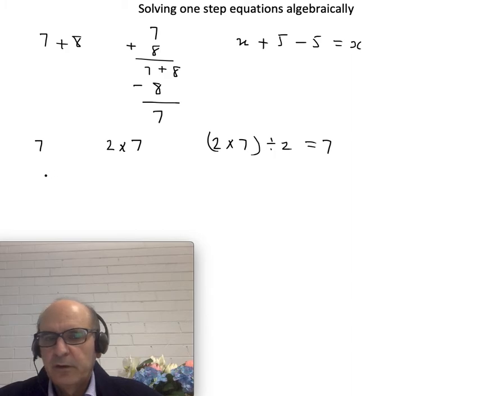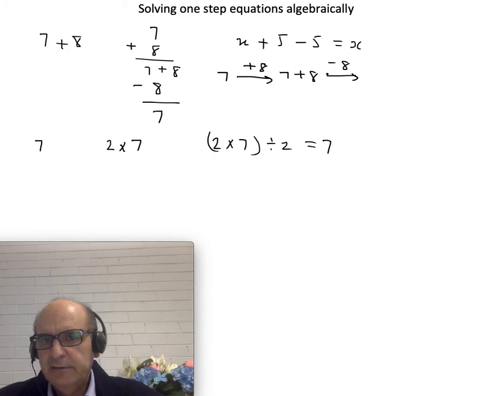So I write it here in the form that probably is easier to follow. So I have 7, I added 8 to that, that becomes 7 plus 8. Then I'm taking away 8 and I end up with 7, with the original number.